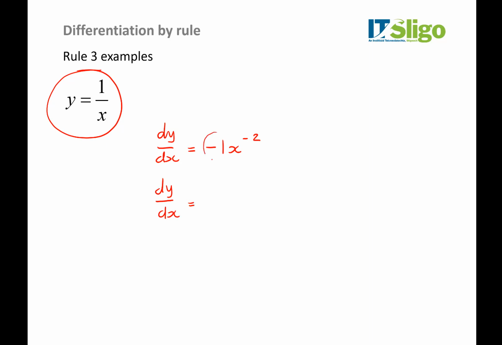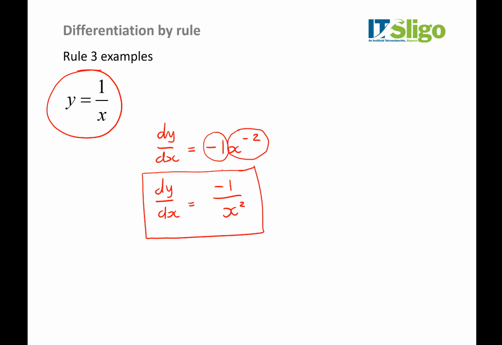So this is just -1. That's going to sit up on top. Remember then, a negative power can be written below the line. So I hope you remember those from your power rules from semester 1. You might need to revise those if you don't.